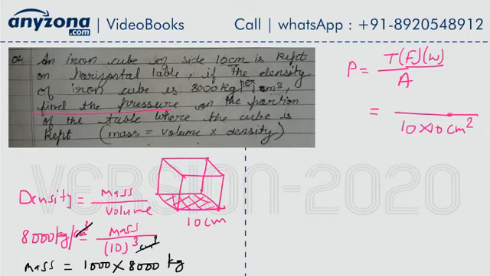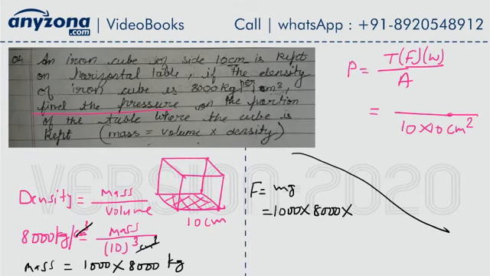And when you want to find the force applied by this mass, you can find force like this. I'm just taking some area here. Force is equal to mg. So mass is 1000 into 8000 kg, and the value of g is 10.